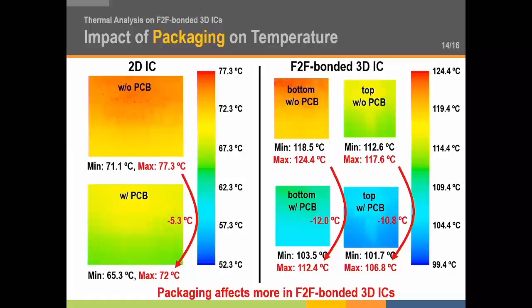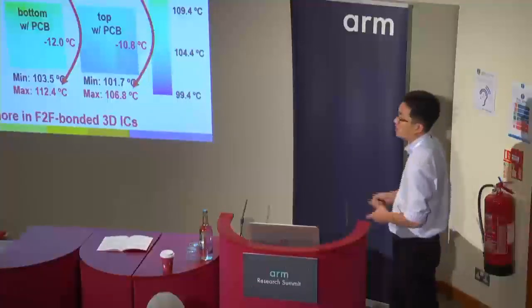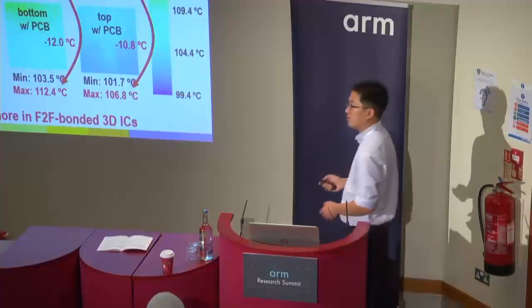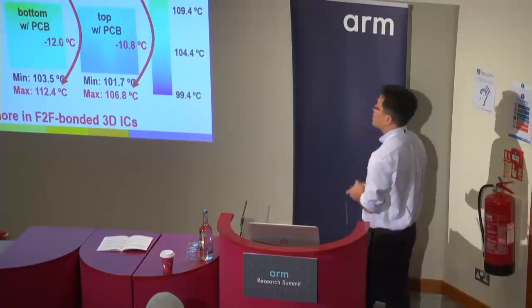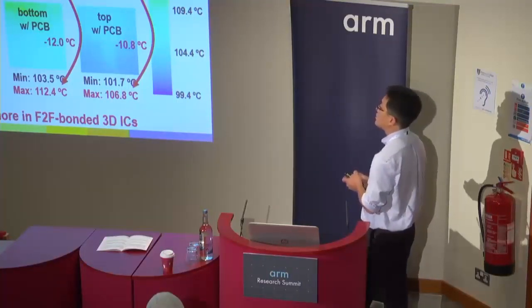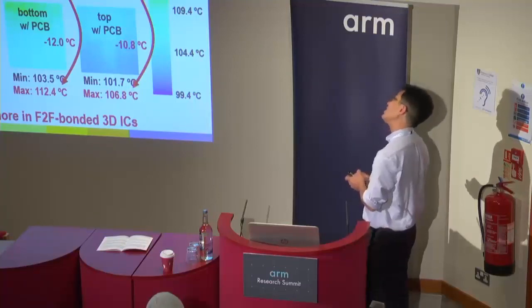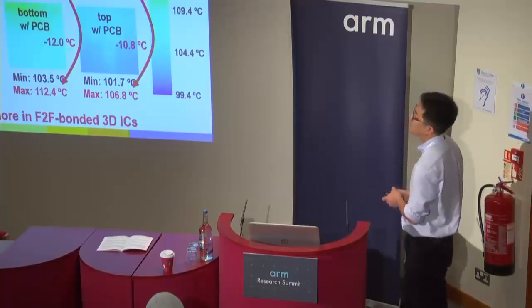We can see only a 5-degree temperature difference between these two configurations. But in the F2F bonded 3D IC, we can see almost a 12-degree temperature difference between when we are not considering the PCB and when we consider the PCB.